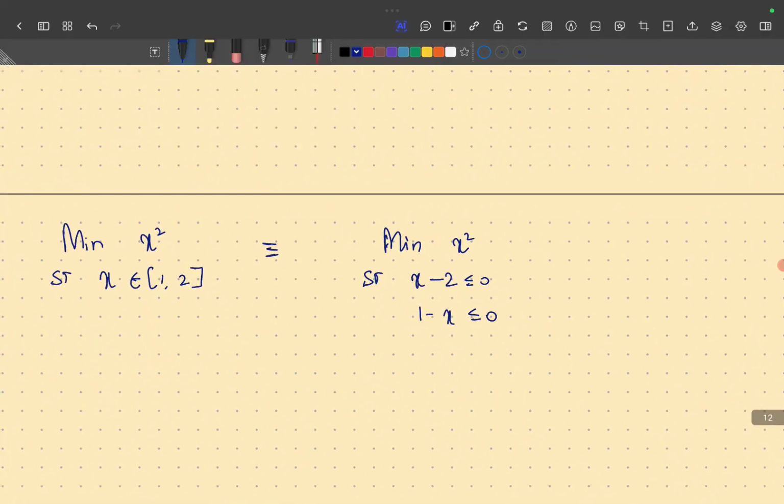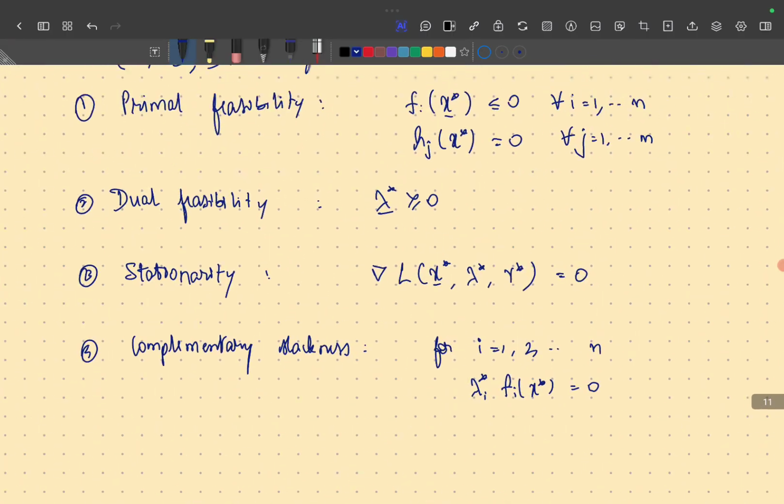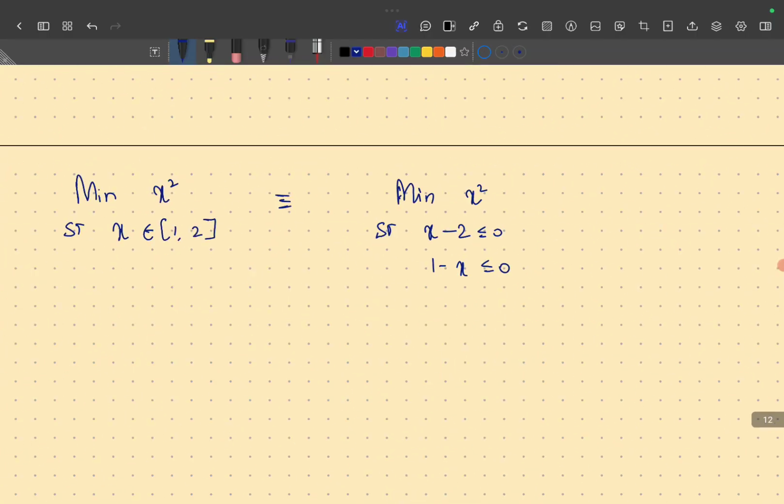Okay. Now, I have two Lagrange multipliers, lambda 1 and lambda 2. Let me just try to solve for this. The primal and dual feasibility conditions don't give me anything very interesting. What is the Lagrangian equal to?